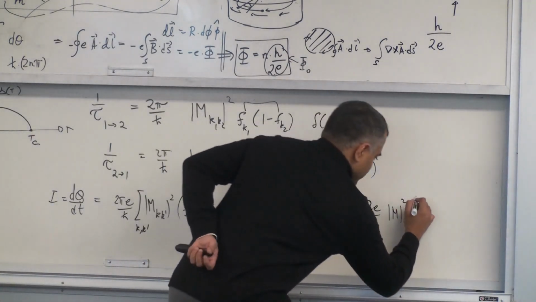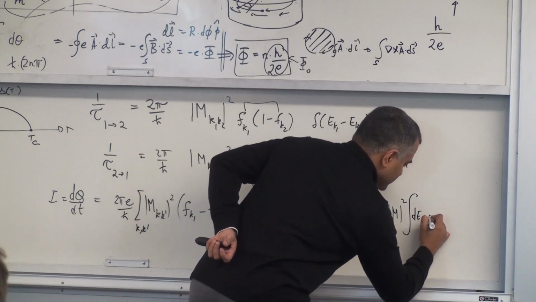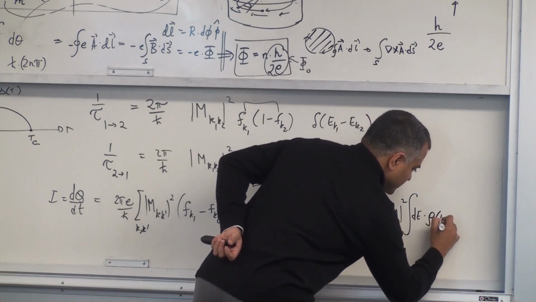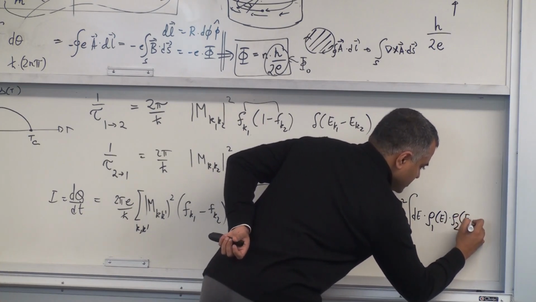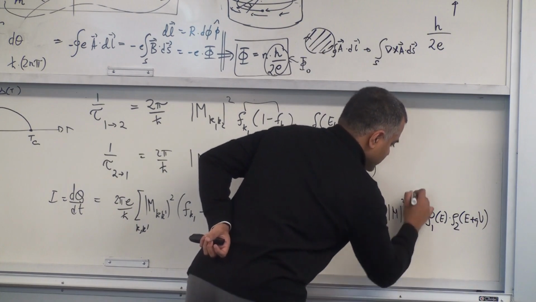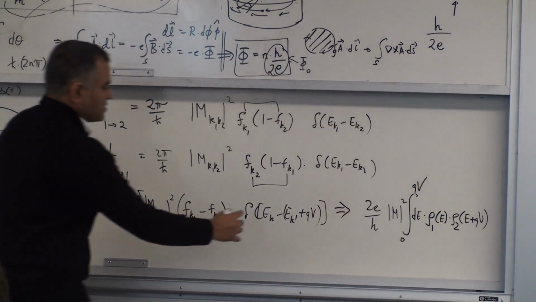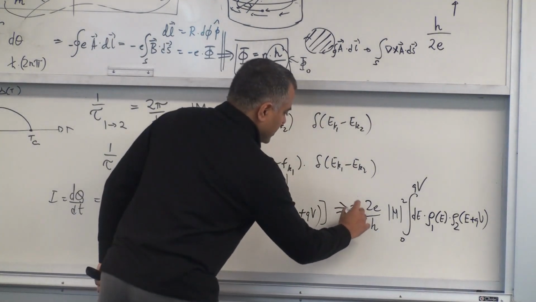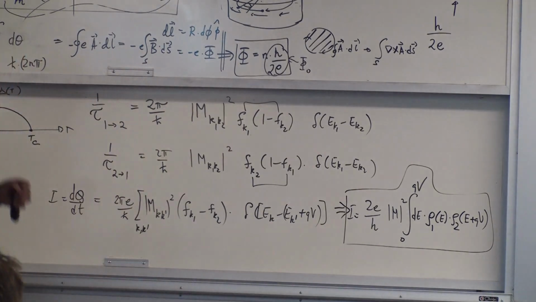And what you end up getting here is the integral of dE times the density of states of the first material times the density of states of the second material plus QV. This is a very nice result, and you're integrating 0 to QV. That the current will be equal to that. Again, I didn't try to derive it in all its steps, but I can show that in a couple of steps here.